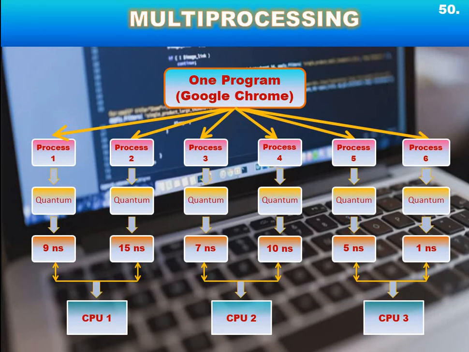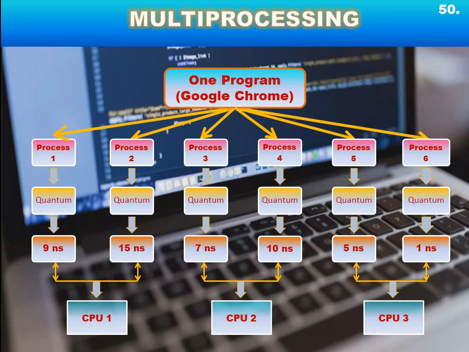And that Google Chrome is again and again being used by the user, and the user is applying different instructions on that program. So the program is further divided into 6 subtasks, 6 subparts, 6 subprograms, or 6 processes. Now what can happen?